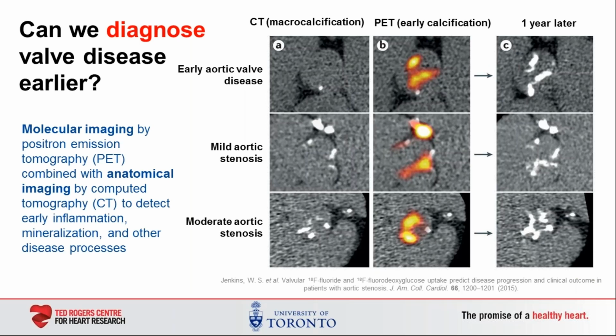Dr. Mathieu mentions echo and other methods to look for whether a heart valve is diseased, but again, these typically will identify valves that are further along in a later stage of disease.